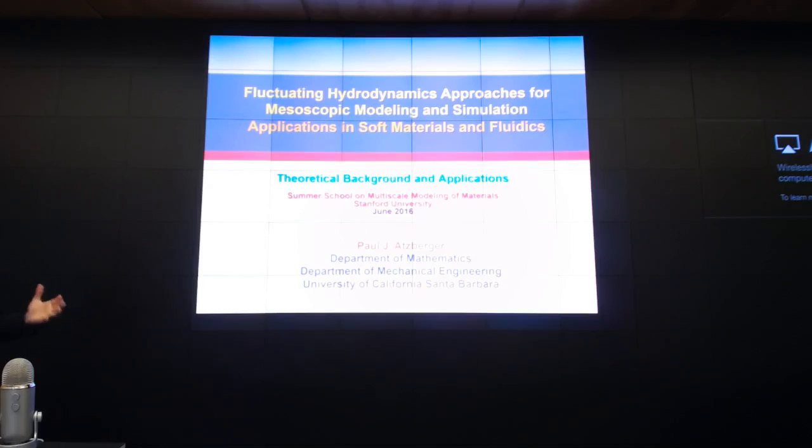A lot of the motivation for this, as part of the CM4 group, has been to develop new computational capabilities for doing mesoscopic modeling, quite generally. So I'm not necessarily focused on any one particular application, but by way of motivation for this talk, I will focus on work we've done on soft materials, and also some work we're doing on modeling fluidics, in particular looking at things like electrokinetics, going beyond the standard sort of theory such as the Poisson-Boltzmann.